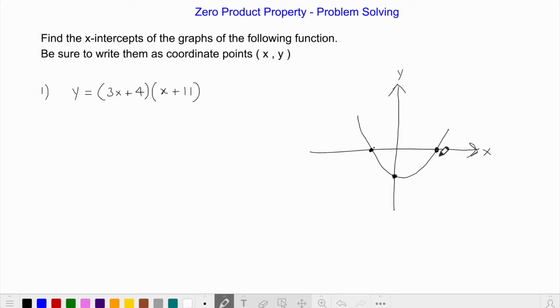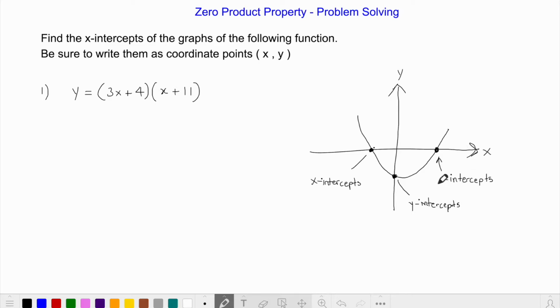Here I'm going to label it as x-intercept, and this point as y-intercept, and this point is x-intercept.